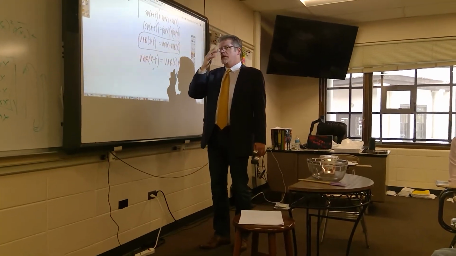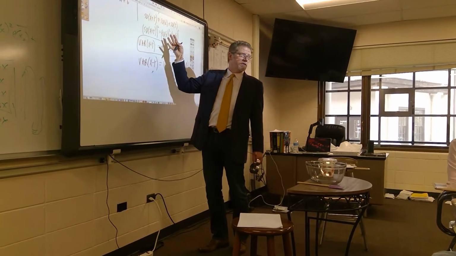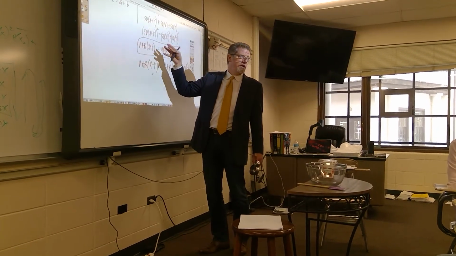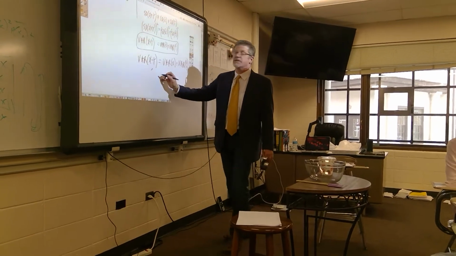So it turns out that the Pythagorean theorem of statistics is analogous to the Pythagorean theorem of geometry, but it's really not about triangles. It's not about right triangles, it's about independence.